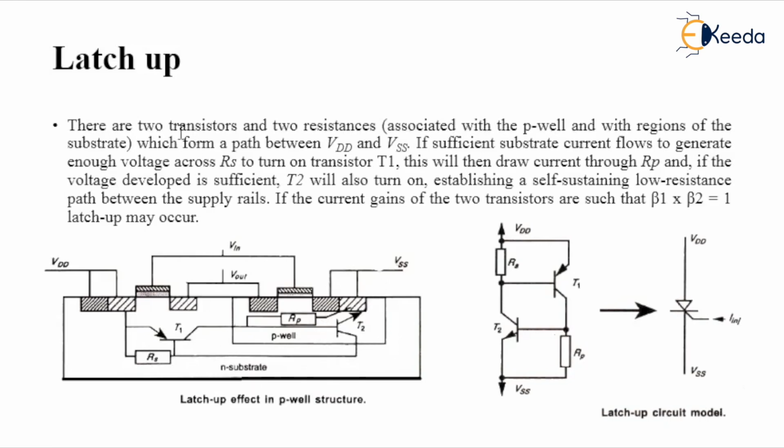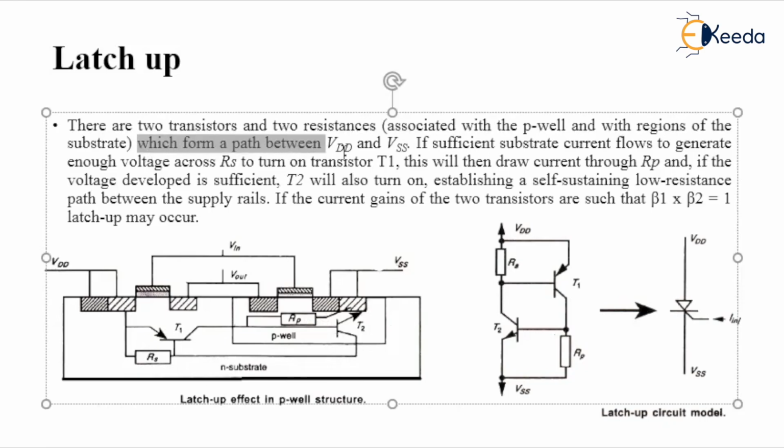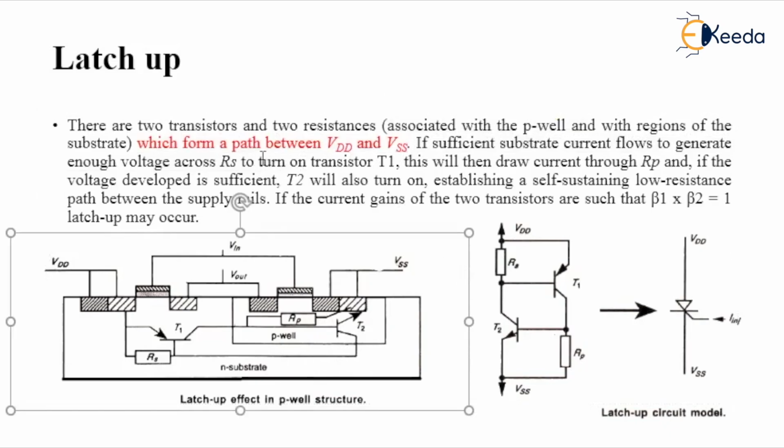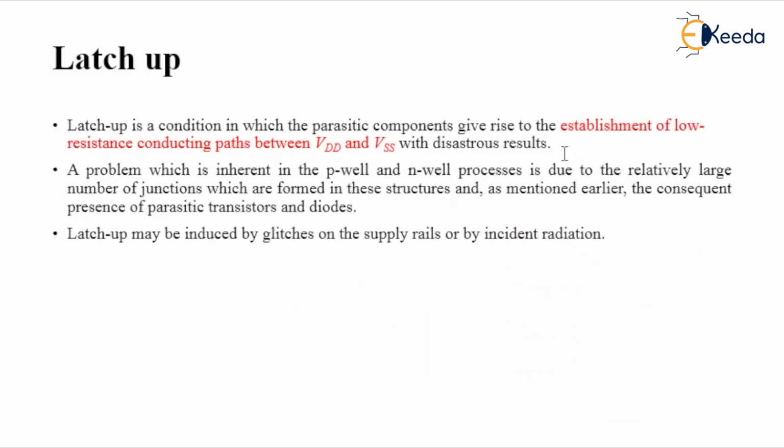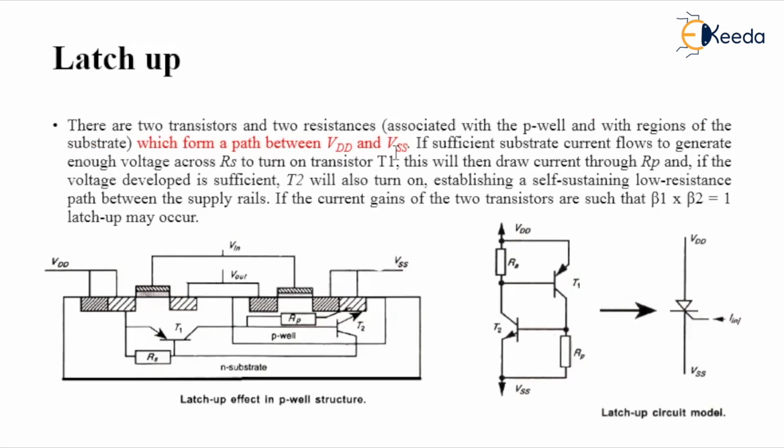So that forms a low resistance path between VDD and VSS. So the current goes VDD, T1, RS, RP, T2, VSS, that I highlighted, the establishment of a low resistance conducting path between VDD and VSS.